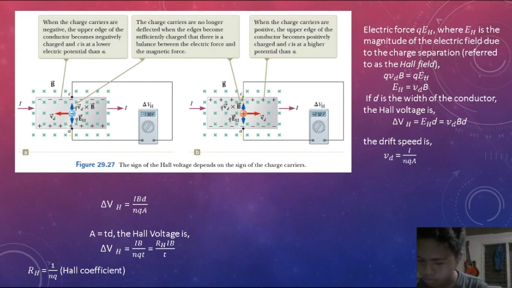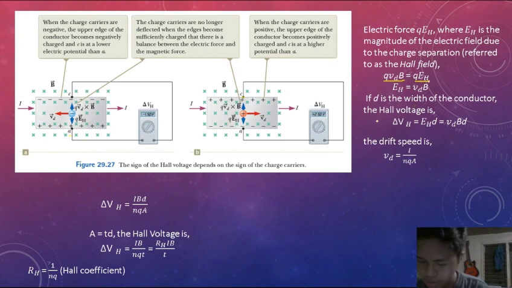So in deriving the expression for the Hall voltage, we can first note that the magnetic force exerted on the carriers has a magnitude qvdB, which is in equilibrium with the electric force qEH, where EH is the Hall electric field. Therefore, qvdB equals qEH, where EH equals vdB.